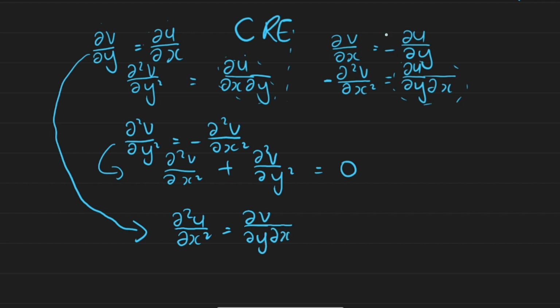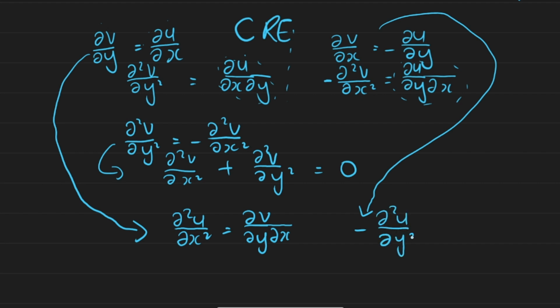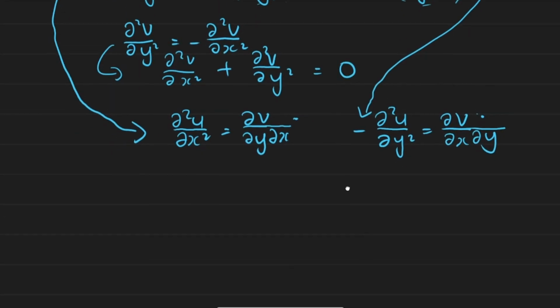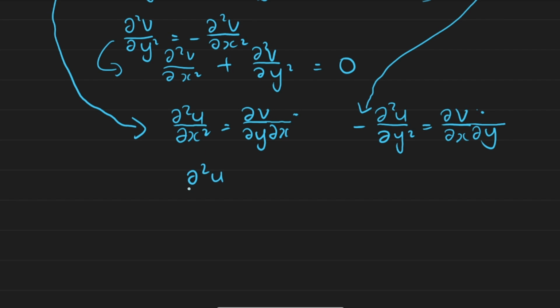Then applying the other equation, we have minus d squared u dy squared, which is equal to d squared v dx dy. These mixed partials must be equal, so the other side is equal as well. That means the second derivative of u with respect to x plus the second derivative with respect to y is equal to 0. So we have derived it in the exact same way.